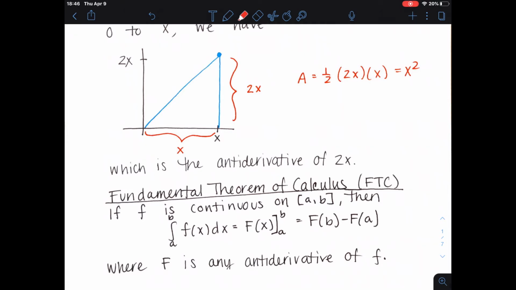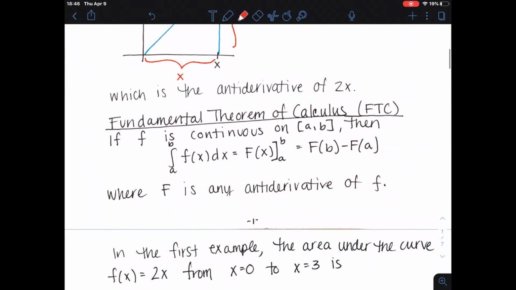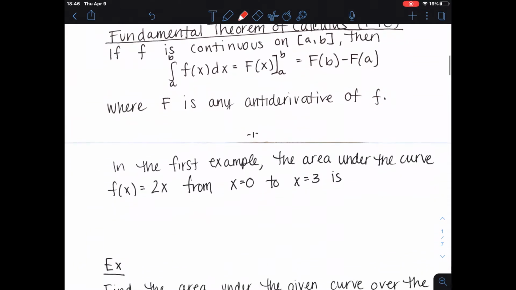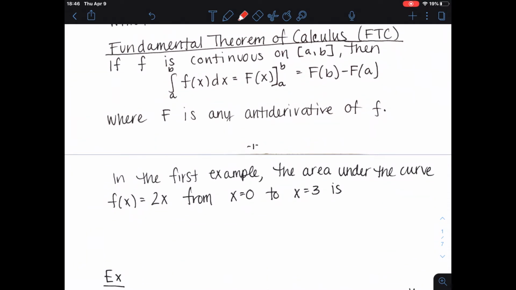So let's look back to this example. The area under the curve f of x equals 2x from 0 to 3 would be then the integral starting at 0, ending at 3 of 2x dx. So we're going to find an antiderivative. The antiderivative of 2x is x squared.